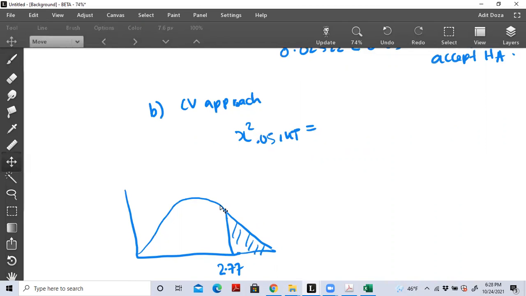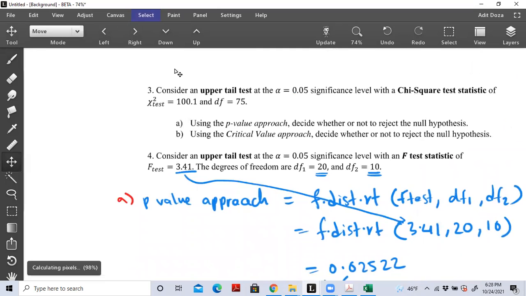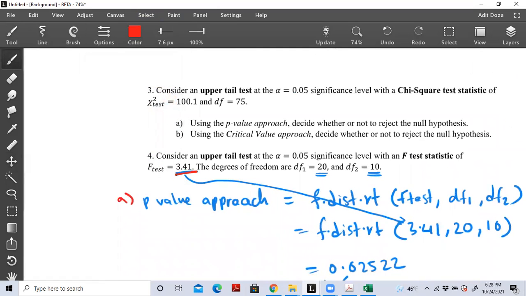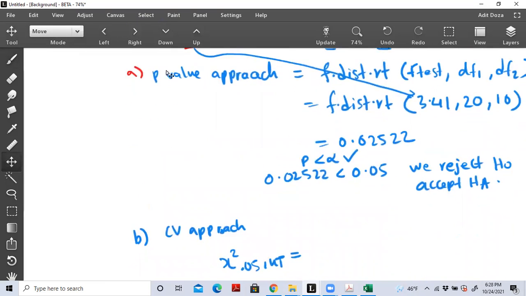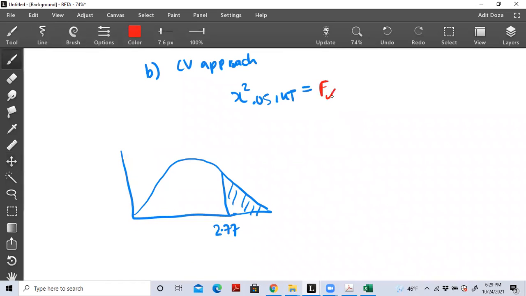What is our test statistic in the question? 3.41, right? We found the critical value to be 2.77.